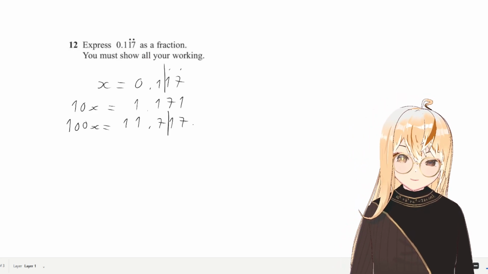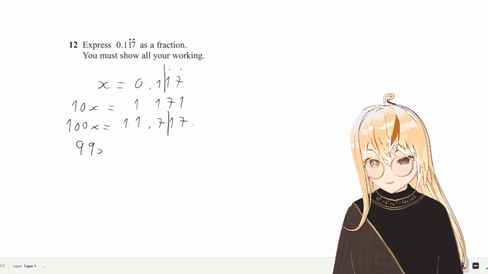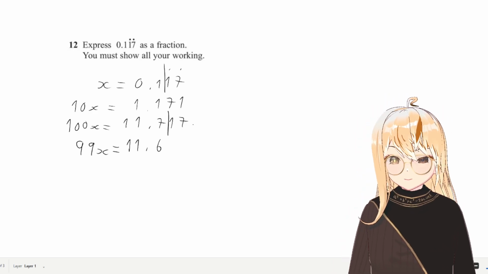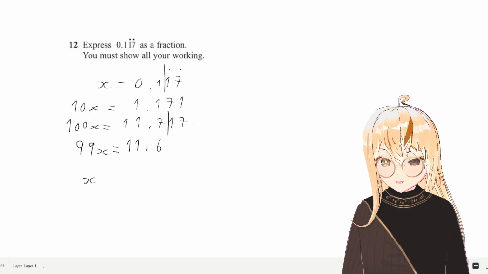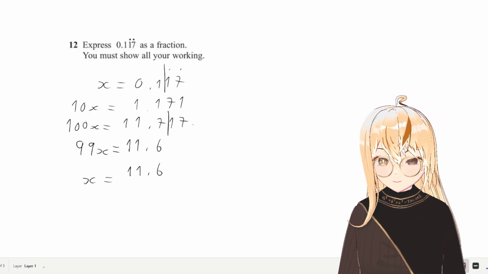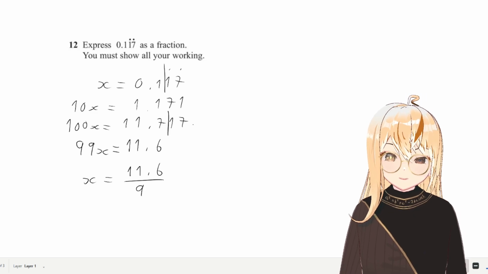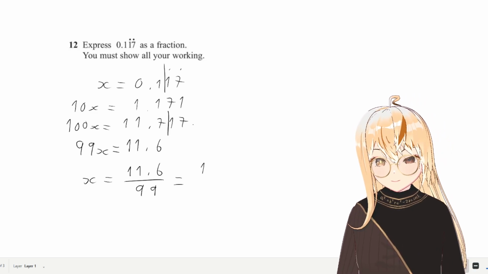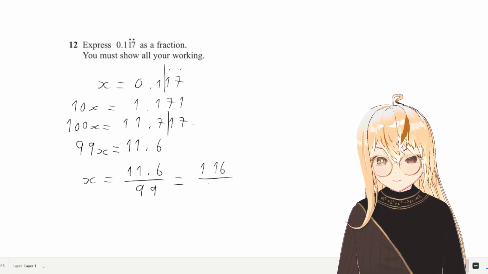So 100x minus x, we get 99x is equal to 11.6. Then all we have to do is x is equal to 11.6 over 99. But you can't have a decimal in a fraction, so you just multiply it by 10 on the top and the bottom.